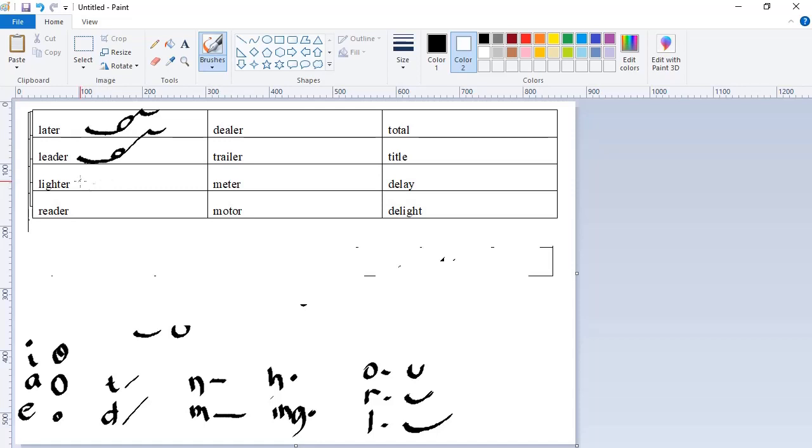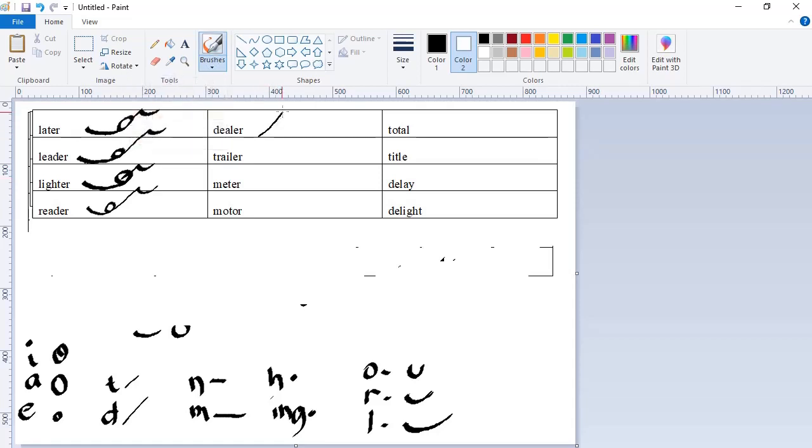Lighter. We have light, and then we have der. Next, we have reader. So we have read, R, E, D, and then we have the R. Next, we have dealer.